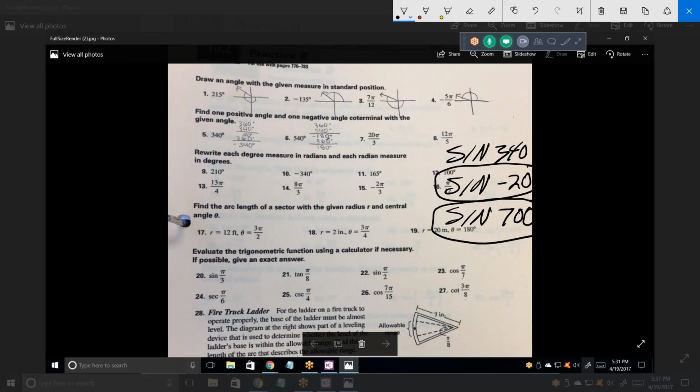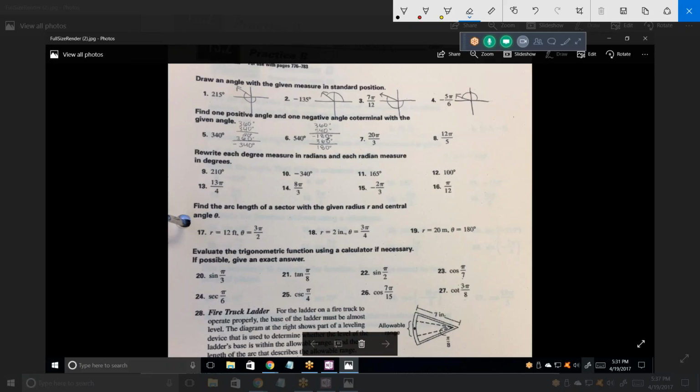But as long as they are multiples of 360 away from the original angle, then all the trig functions are the same, not just sine, but the tangent. The tangent of 340 is the same as the tangent of 700. The secant of 340 is the same as the secant of 700. So coterminal angles are all just the same in terms of trig.